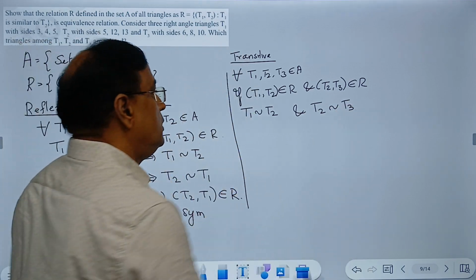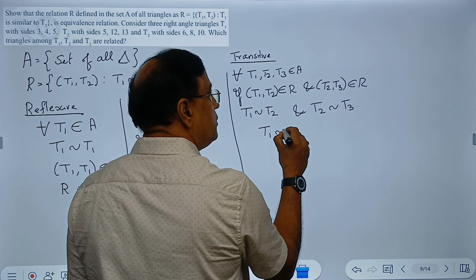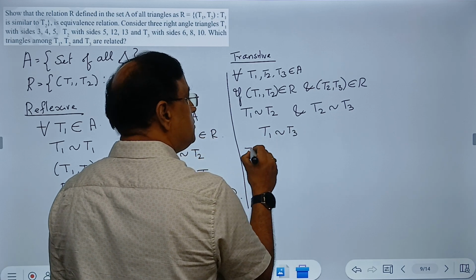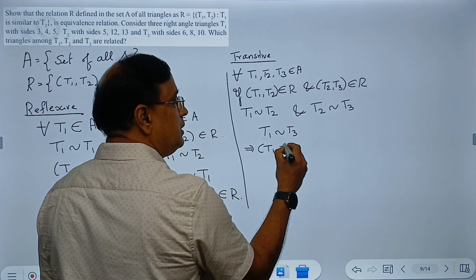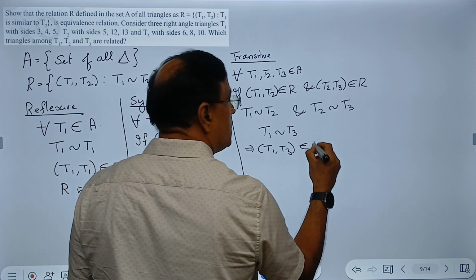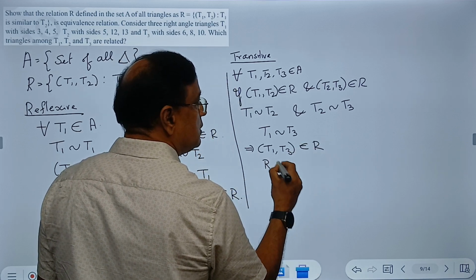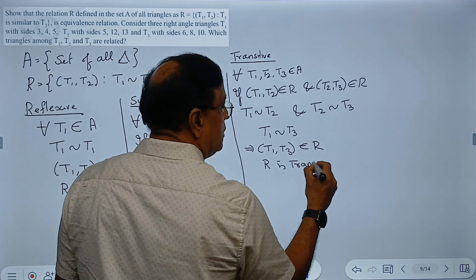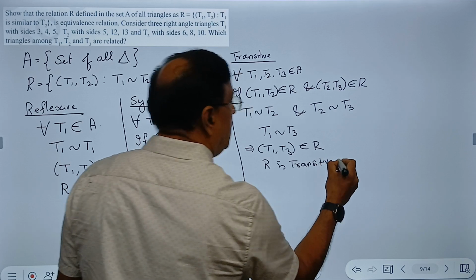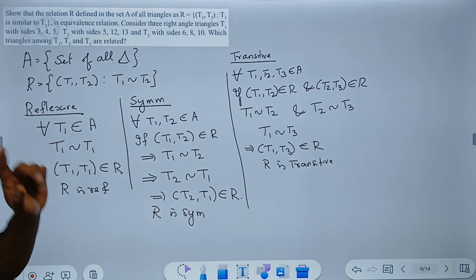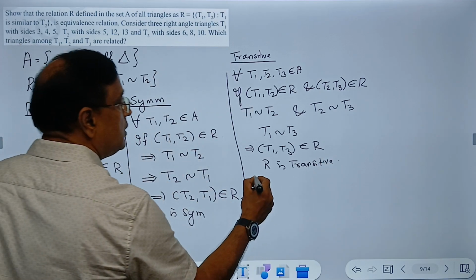Obviously, triangle 1 will be similar to triangle 3. This implies (T1, T3) belongs to R. Therefore, R is transitive.